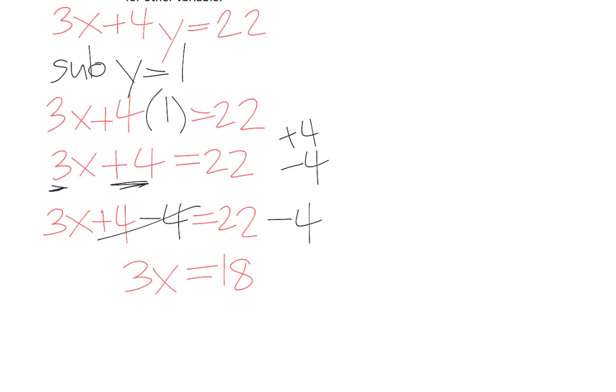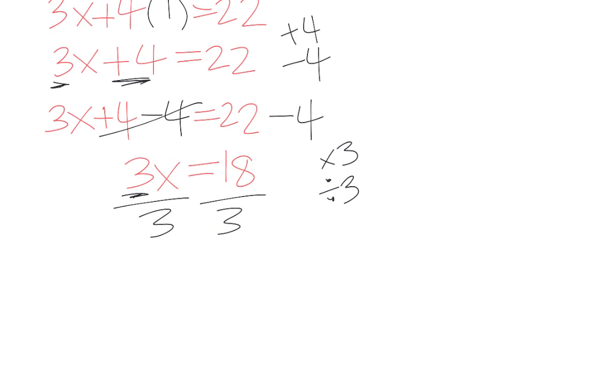Now, I want to isolate x, but x is stuck with this 3. When you have a number beside a variable with no operation, the operation is multiplication. So what is the opposite of multiplication? The opposite is division. So we're going to divide both sides by 3. When you do that, the 3's cancel out, which leaves you x, and then 18 divided by 3 is 6.